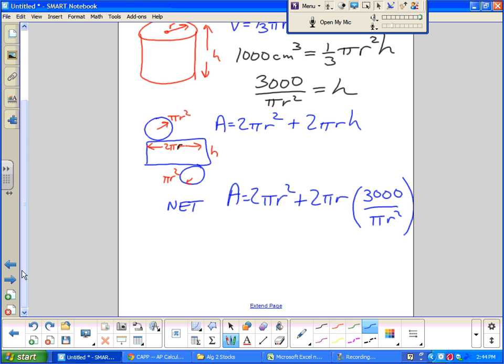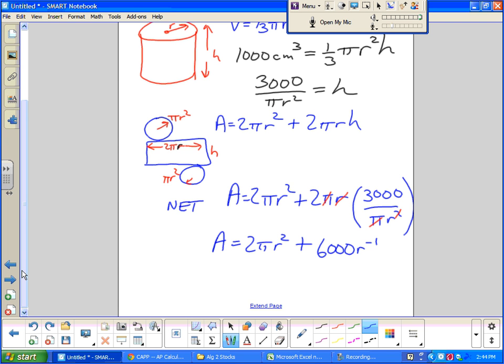Now I can go, A equals 2 pi r squared. We see on the second term that pi's cancel, right? And instead I have r over r squared, so I can write this as 3,000 over r, or I can write this whole thing as 6,000 r to the negative 1.